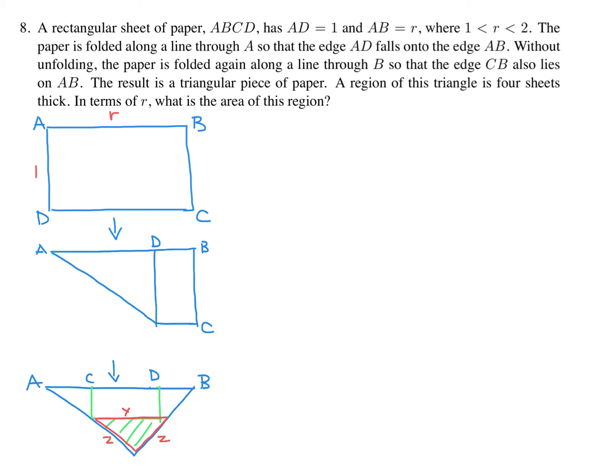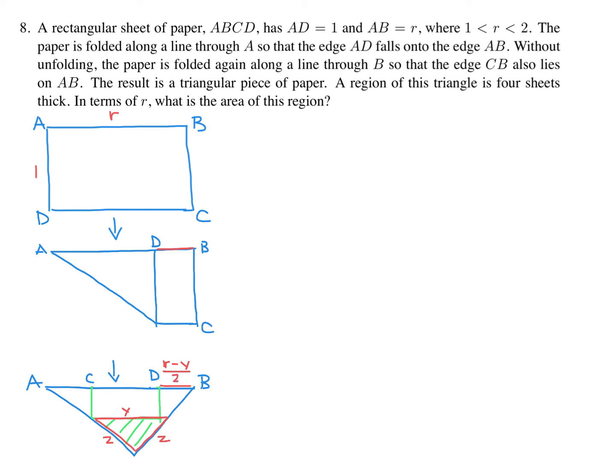Now I've got to figure out a few other things, and that is, what about this segment here? That segment is the same as that segment. Well, if the full segment is R and this is Y, this and this are going to be R minus Y, correct? But this segment is only half of that, so it would be R minus Y over 2.